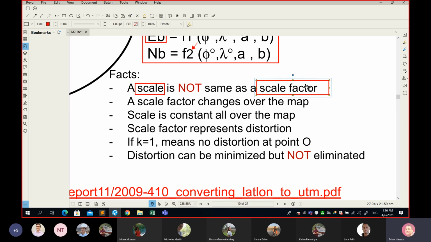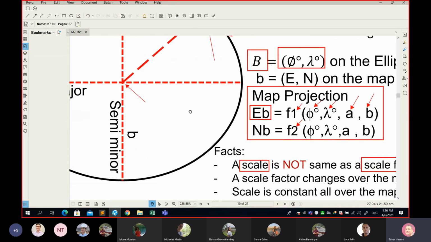That's number one. The scale that we learn in first year and second year, does it change in the map? The word scale you learn in my class, does the scale change over the map, or does it stay the same? Same. While the scale factor, remember, the scale is constant, while the scale factor will vary. And I'm going to prove it for you right now.